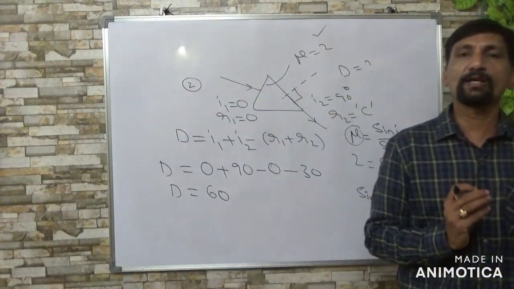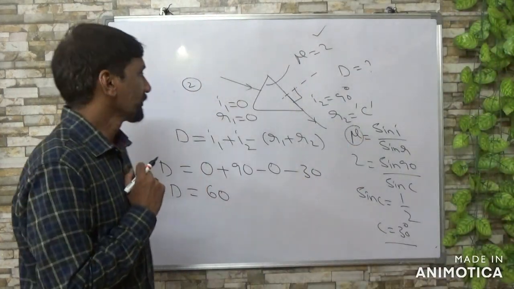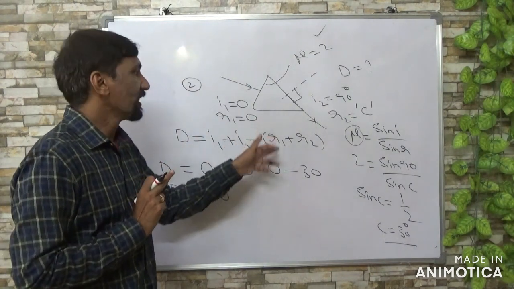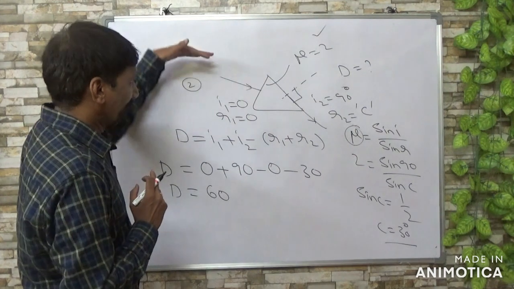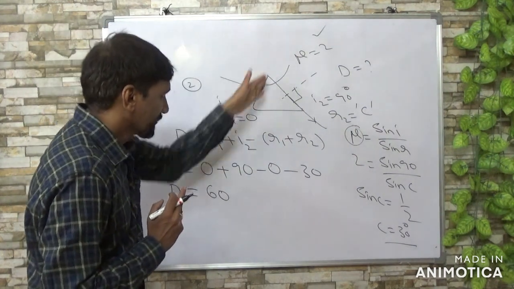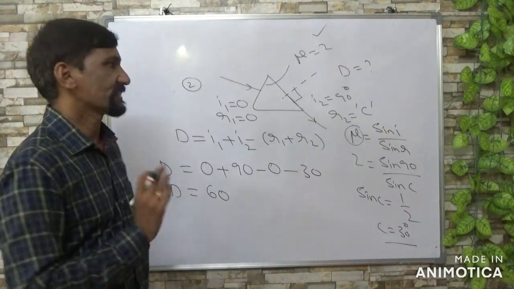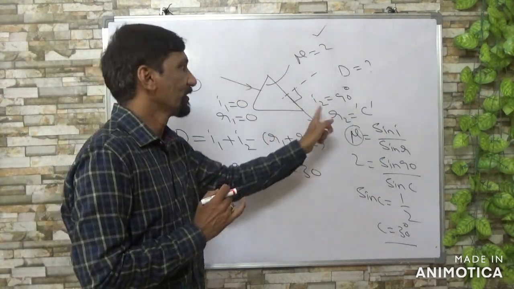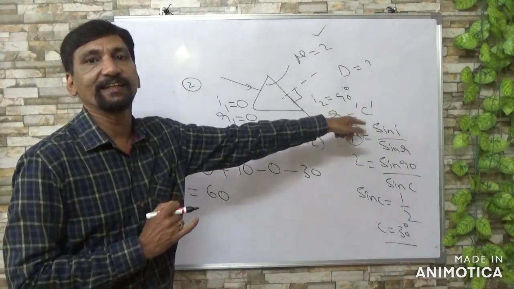In this way you can easily solve any problem. Here you are using the same formula, I1 plus I2 minus R1 plus R2, but it is given that the light ray is incident normally on the first surface and grazing through the second surface. So that is why I1 is 0. Grazing with reference to the normal is 90, so the corresponding angle of refraction is critical.